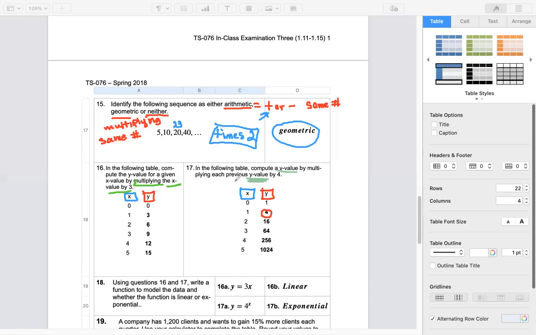And it says to multiply the previous y by 4. Now that I've got 4, that's the y value. Are you following me? I'm supposed to multiply that by 4. Well, 4 times 4 is 16. This is now the new y value. Multiply it by 4, and I get 64, et cetera. Okay? So that's how I'm going to get my previous y values.